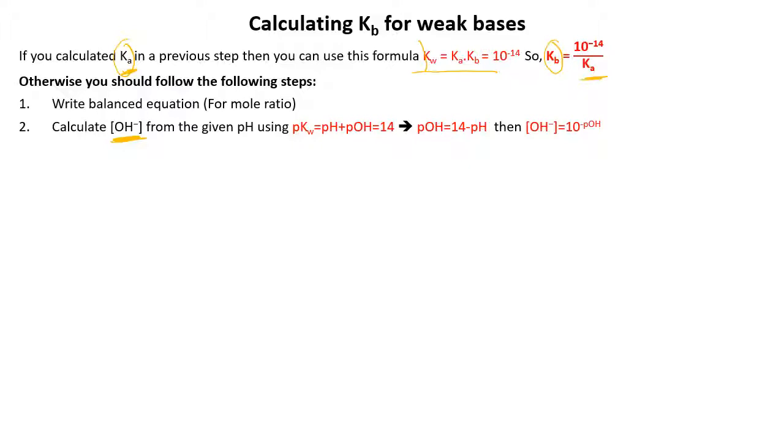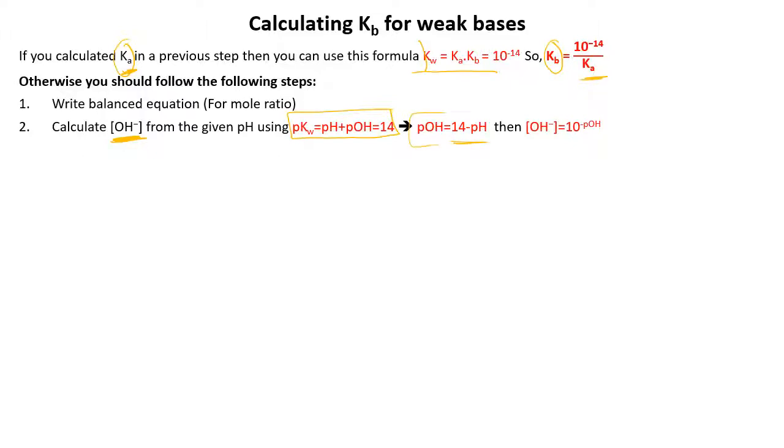So we have to return to this relation: pKw is equal to pH plus pOH. pKw is 14. So if the pH we have is 1, 2, 3, whatever, it's 14 minus pH.